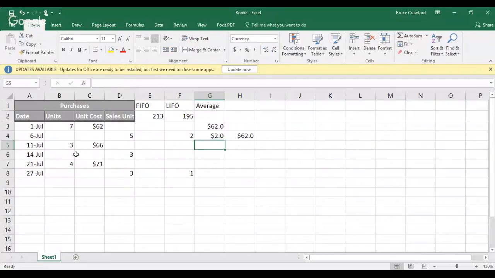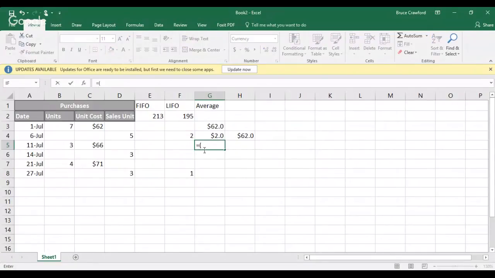So then here's what we do. Well, the average cost of those is obviously $66, but there's still 2 units remaining that were priced there at $62. So we need to average those.